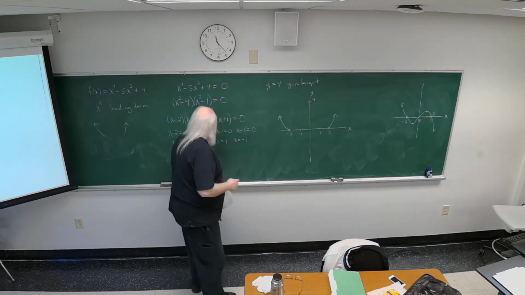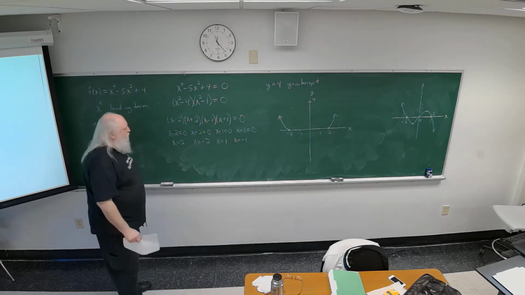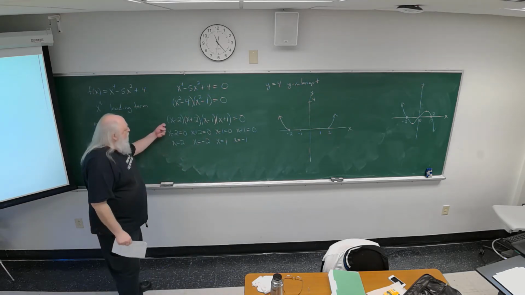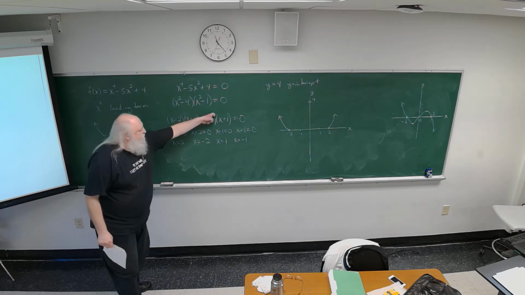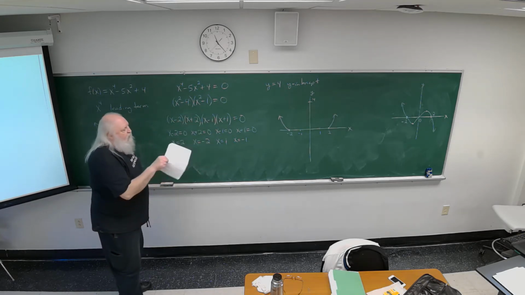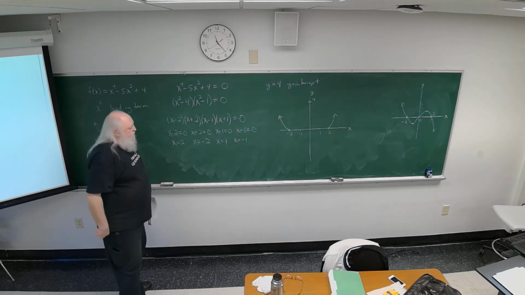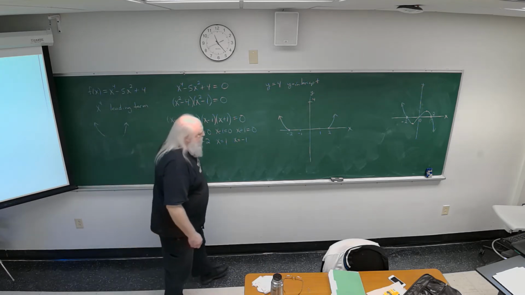Well, again, we haven't talked about the multiplicity of zeros, but each of these factors is to the first power. So the graph crosses the x-axis at each x-intercept.